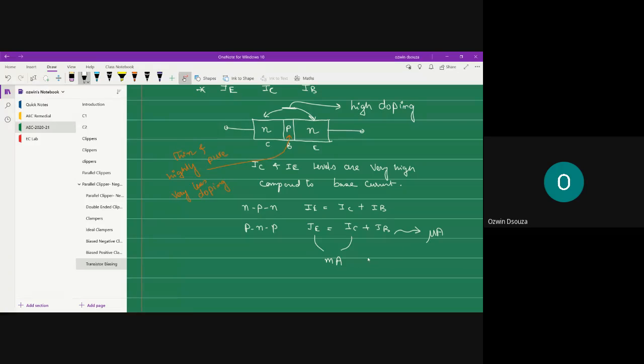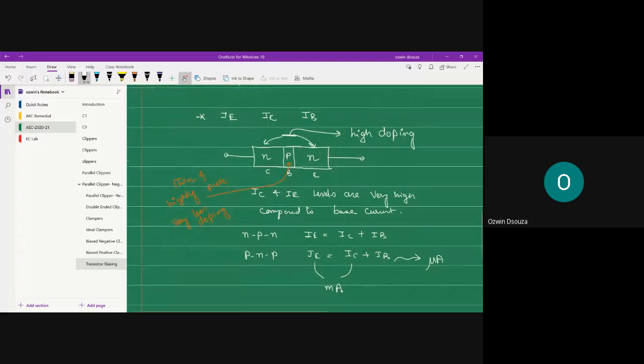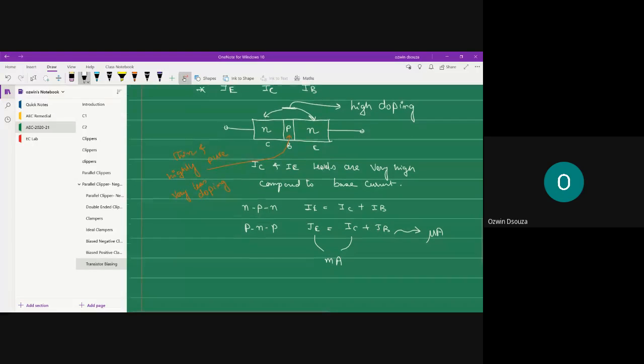So you can make out, you can say that a milliampere is roughly 1,000 times stronger than a microampere. So that's about the current levels in transistors.